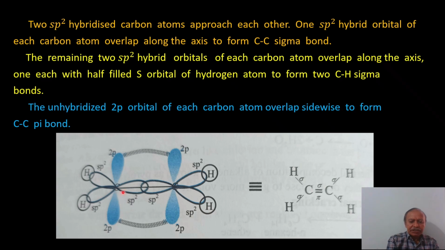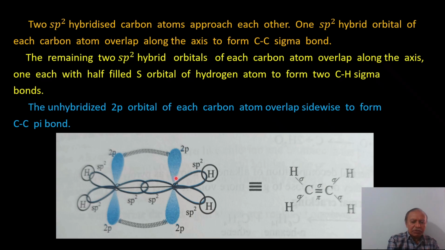Now these are the two carbon atoms. This is one carbon atom with the three sp2 hybrid orbitals. This is the nucleus of one carbon atom, and this is the second carbon atom with a nucleus at the center, and these are the three sp2 hybrid orbitals of this carbon atom. These are the unhybridized p orbitals.